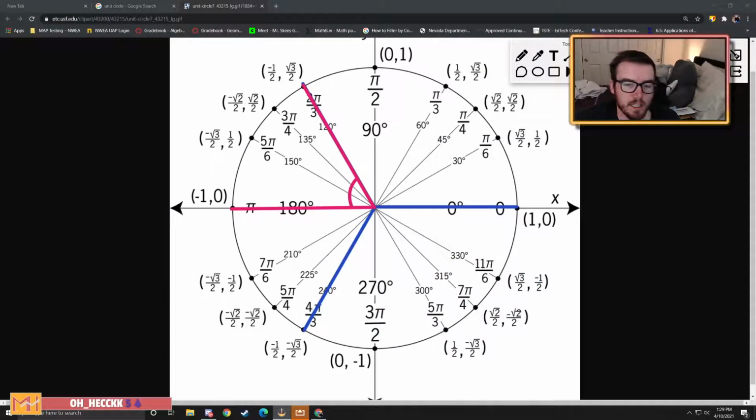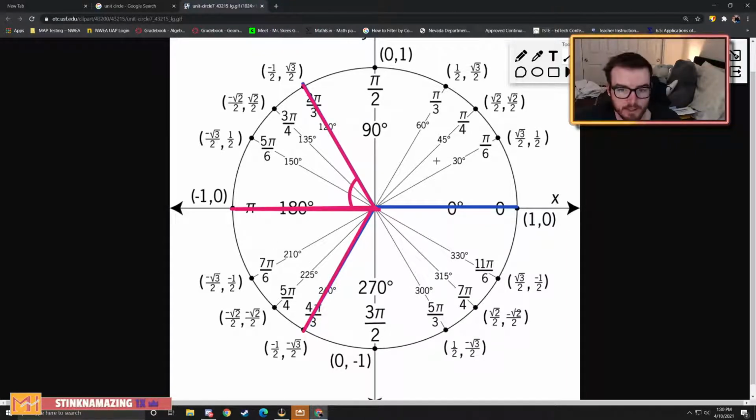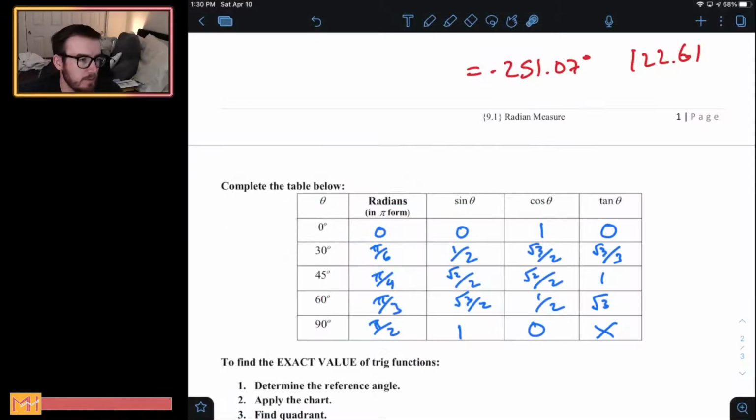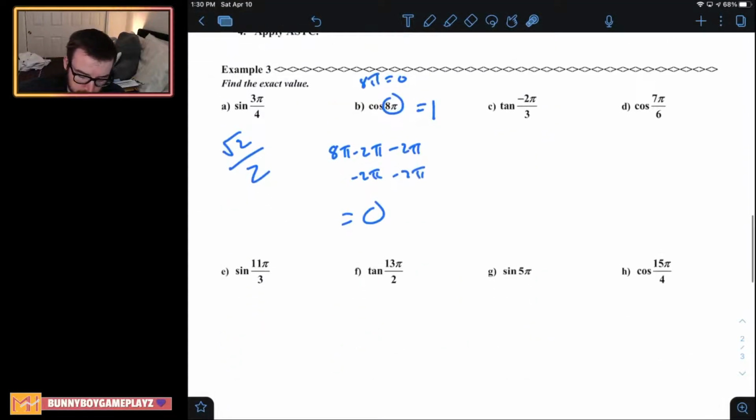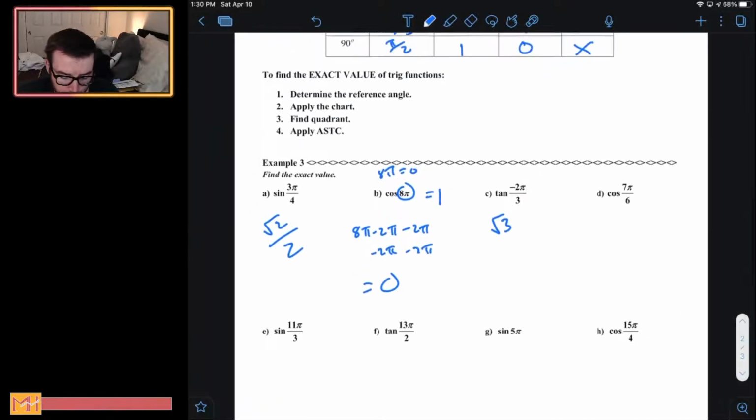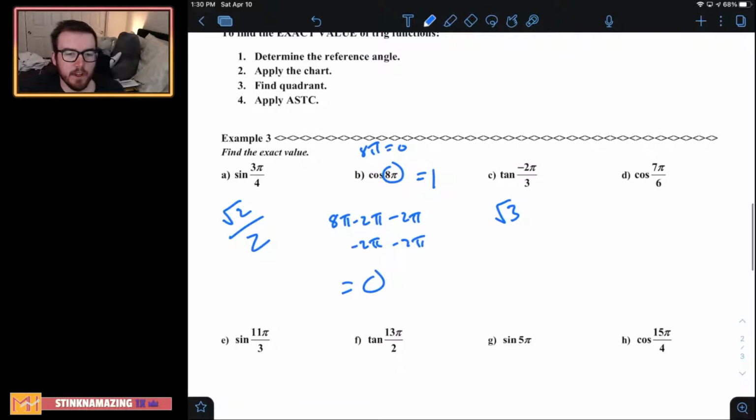So for negative 2 pi over 3, we're still creating a reference angle of 60 degrees, but now because we're in quadrant 3, tangent is going to be positive. A, S, T, C. Tangent is positive in quadrant 3. So we're going to have positive root 3. Okay? 7 pi over 6.